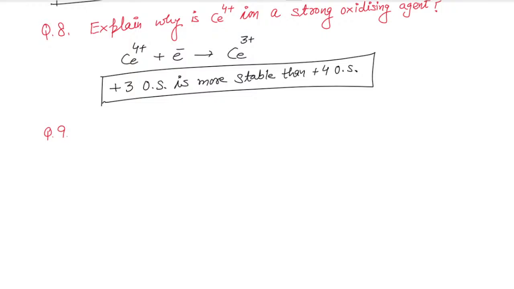Transition metals, assign reasons. First, transition metals generally form colored compounds.